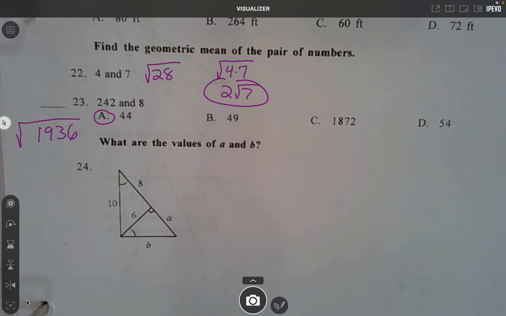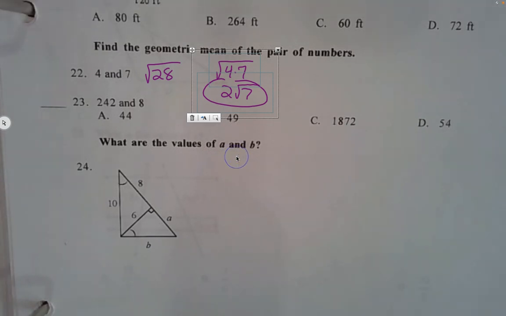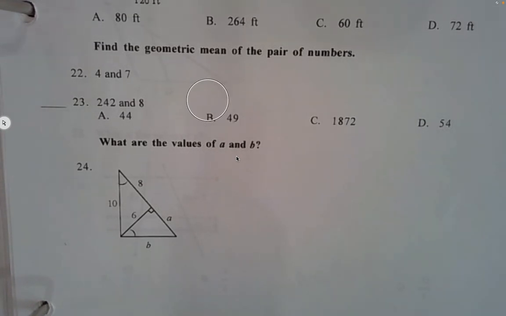How do you simplify that? If you know that a perfect square goes into it, like 4 times 7, what is the square root of 4? 2. So it's 2 square root of 7. Perfect squares are 4, 9, 16, 5 times 5 is 25, 6 times 6 is 36.